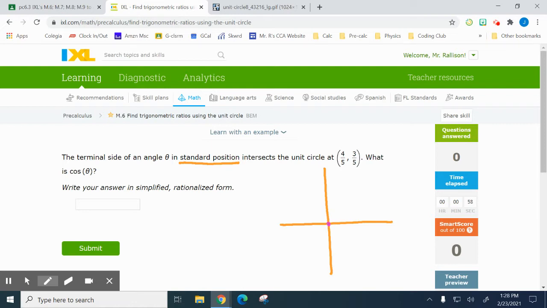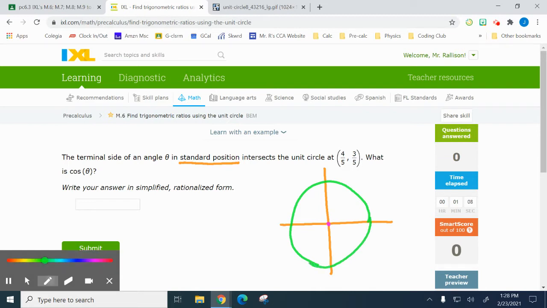So we'll just do a little unit circle action here. Let's call that our unit circle. I'm not sure where 3/5, 4/5 actually land, but who cares? We don't care. Intersects the unit circle at 4/5, 3/5.